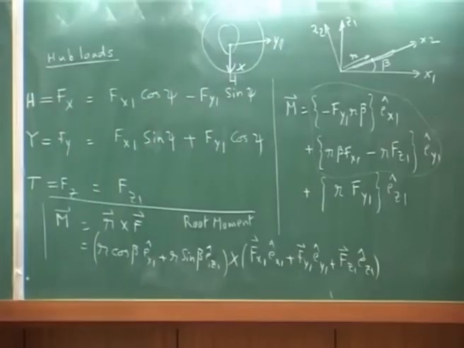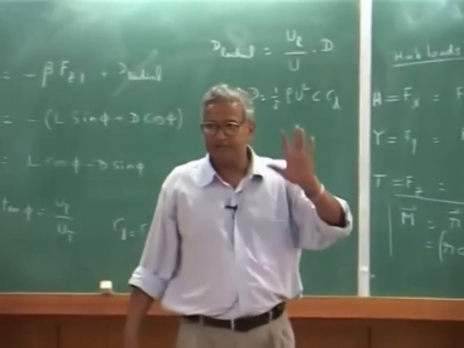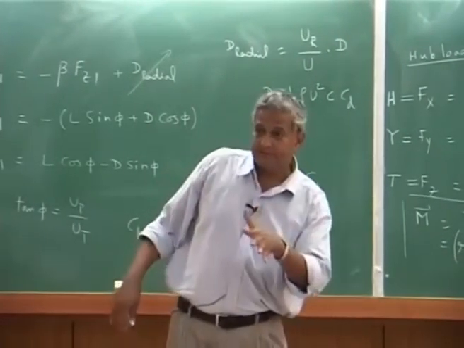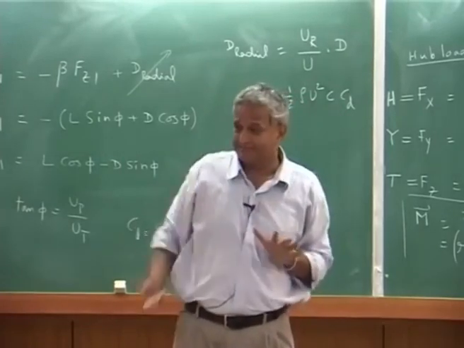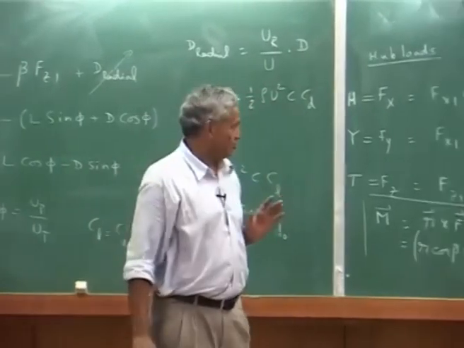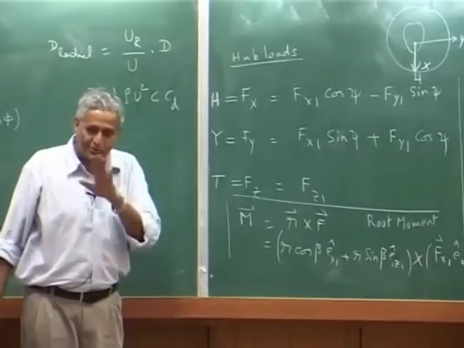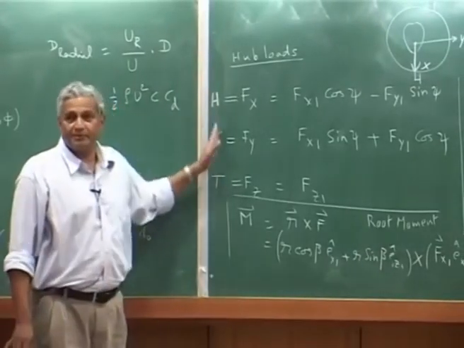H is the longitudinal force, this is lateral force, this is the thrust. But please remember, all of them are acting at the hub in the hub coordinate system, hub fixed coordinate system. T is perpendicular to the hub, H and Y are in the plane of the hub. If you tilt the hub, T is still in this direction. That is why you have to follow the coordinate system very systematically, and finally, you define these are my forces.